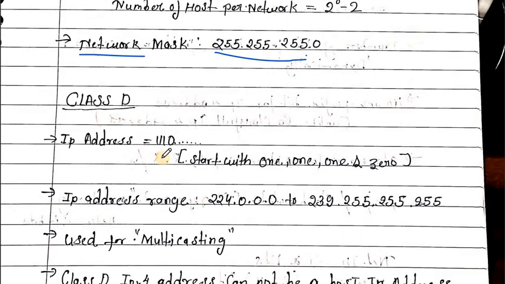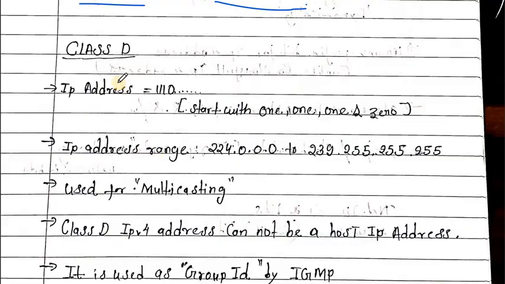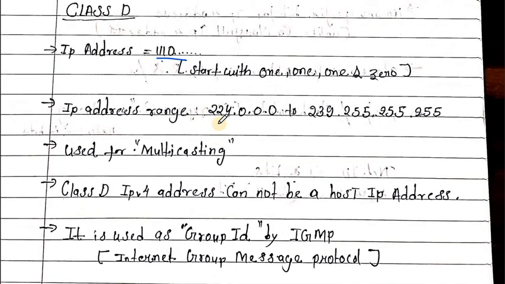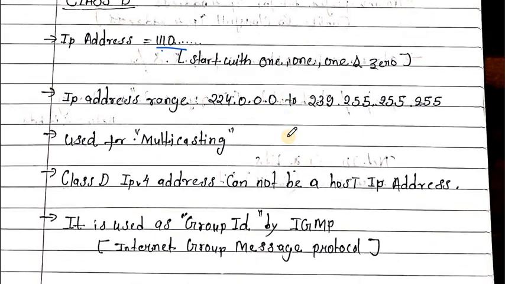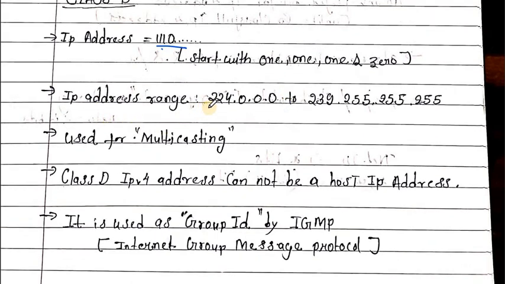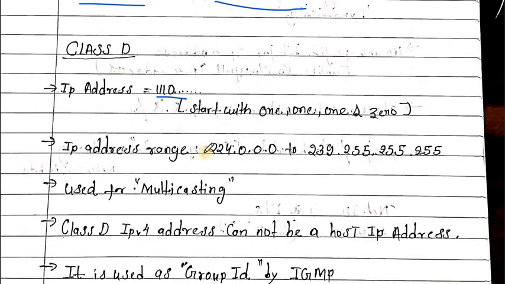Okay. In class D, the IP address starts with 1110, three ones and one 0. The IP address range of class D starts at 224, because these 3 bits are fixed and their sum is 224.